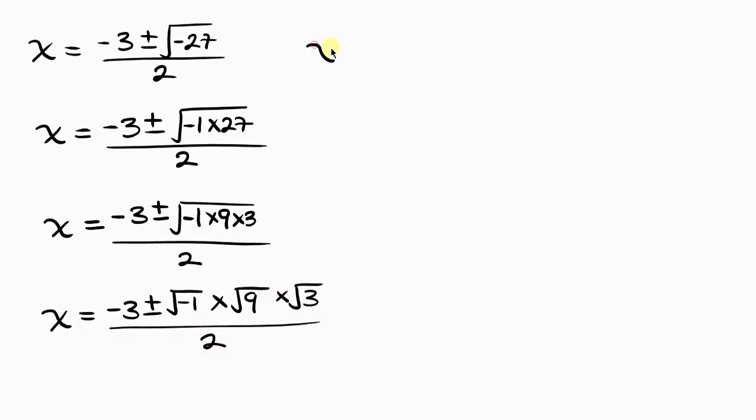So x now becomes negative 3 plus or minus the square root of negative 1 is same as i, which is iota, times the square root of 3, the square root of 9 is 3, and the square root of 3 is root 3. We're going to be leaving the radical here.